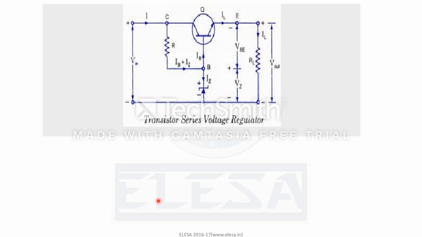Now the circuit diagram is shown in the figure with the current and voltages. Here Vz is the voltage across the Zener diode, Vb is the voltage across the base emitter junction of the series pass transistor, RL is a load, Vin is the unregulated power supply and Vout is the regulated voltage across the load.